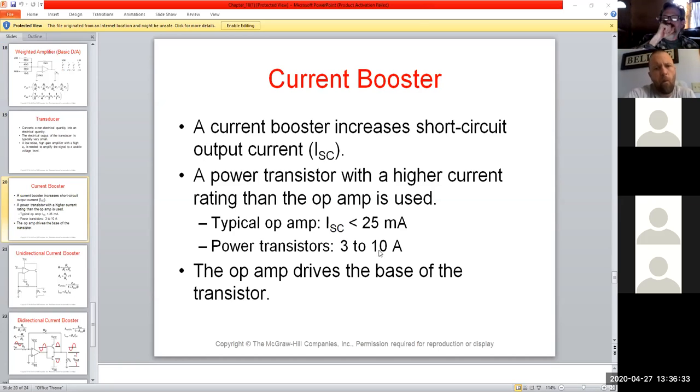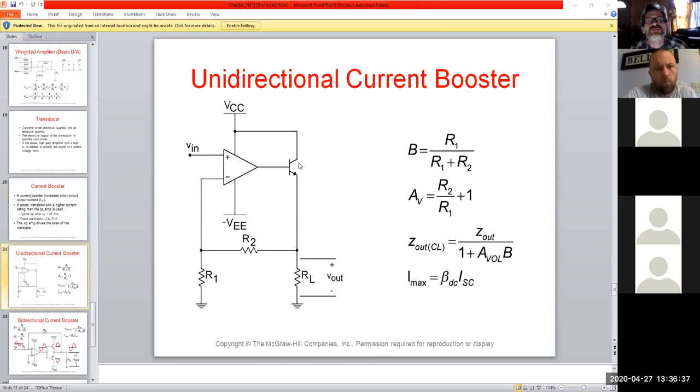So we take a look at a little circuit with that. You can see that we have a BJT hooked up to the feedback loop of the op amp. And of course, because now we're dealing with a transistor, we have to go back, oh, what's our DC beta again, and calculate what our final output load is.